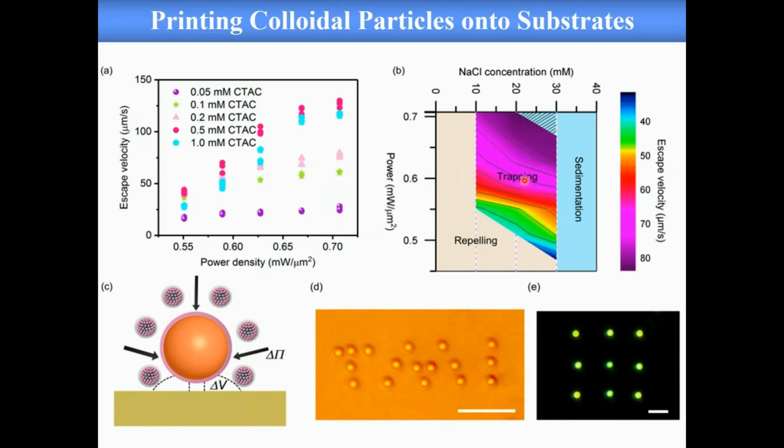So the particle will be immobilized on the substrate. That's exactly what we do. So we can print the particles into an array on the substrate, and when we rinse it, it still stays there, which means the bond to the substrate is very strong. And the bond still takes advantage of the attractive force. So we didn't add anything extra to the original system to achieve this printing, we simply increased the optical power.